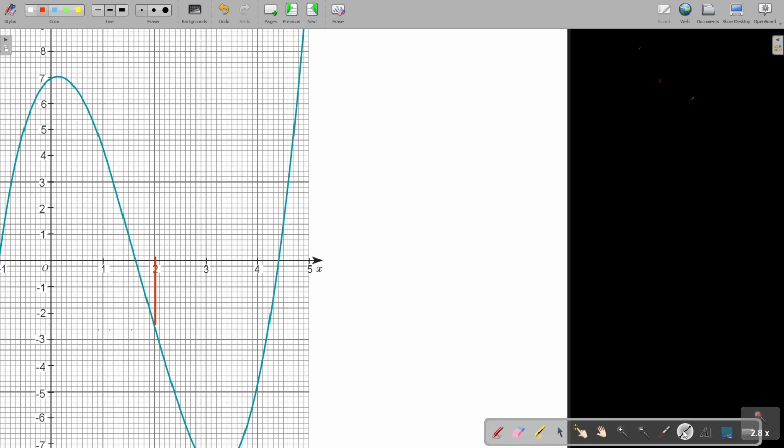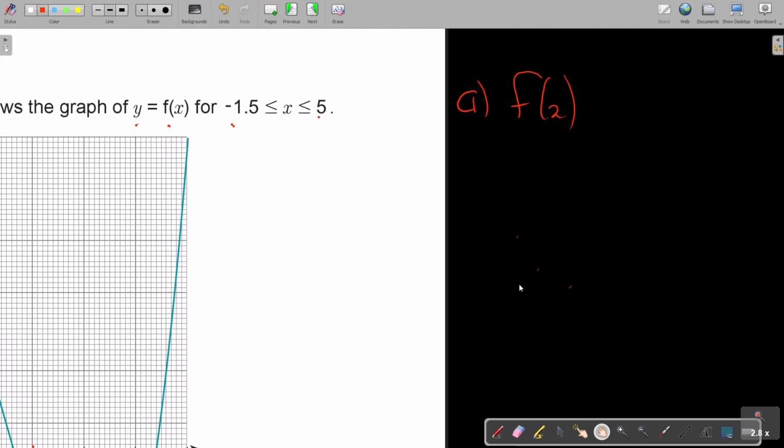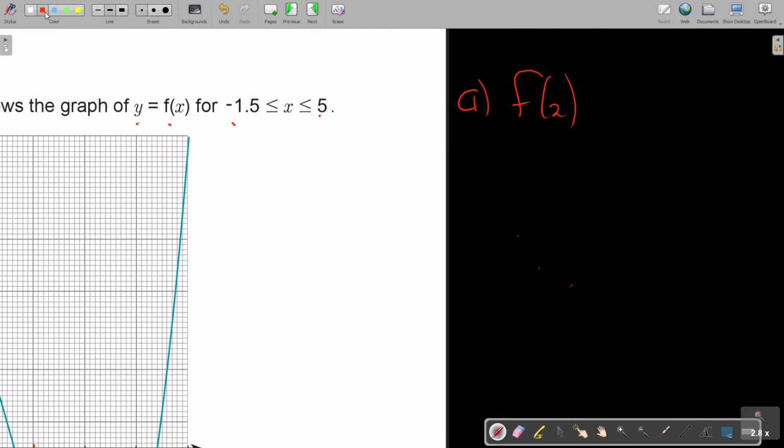If I look at this scale, then one small block is 0.2. So then I'm going to say it's negative 2.8. And that is going to be negative 2.8.